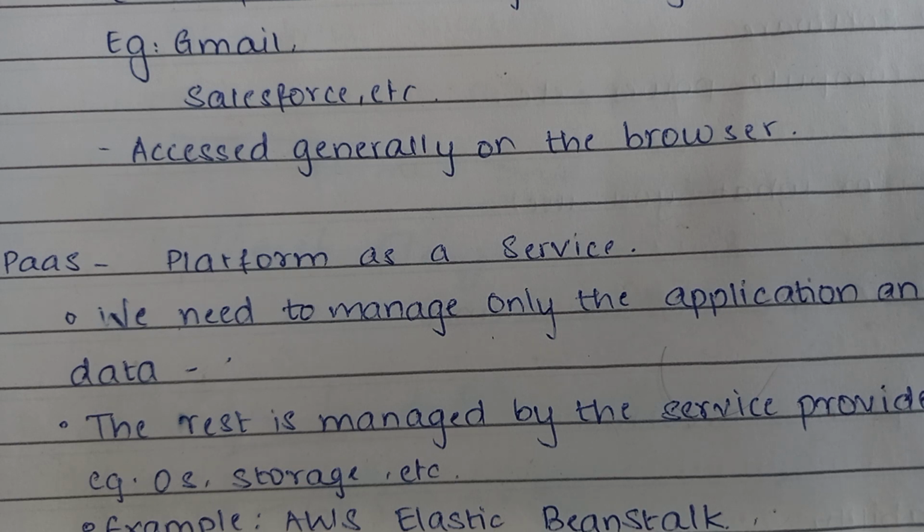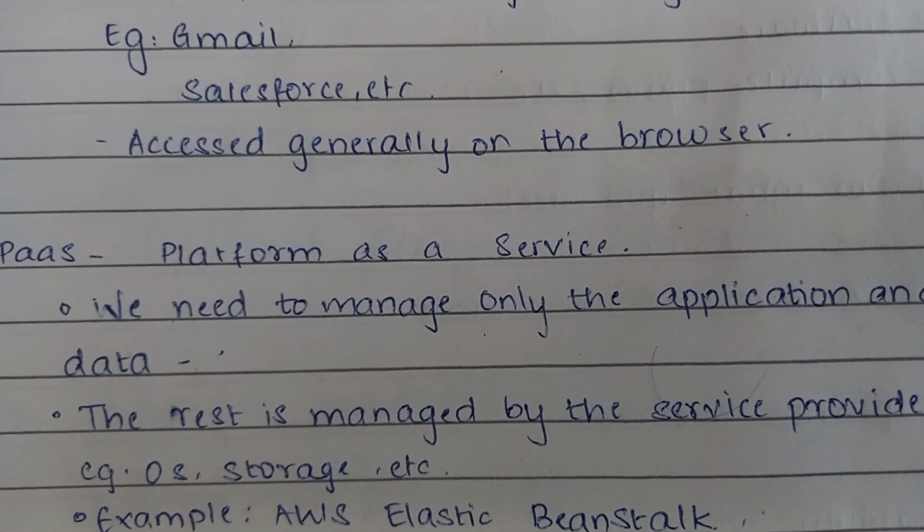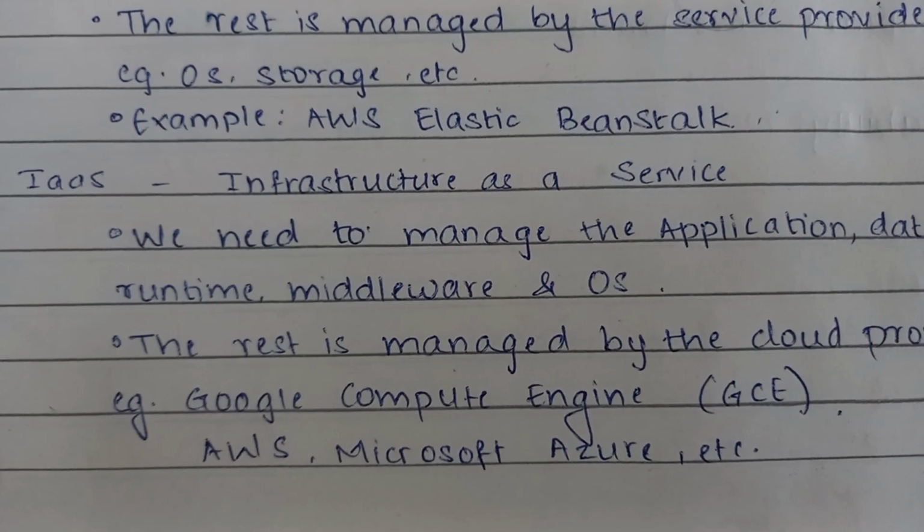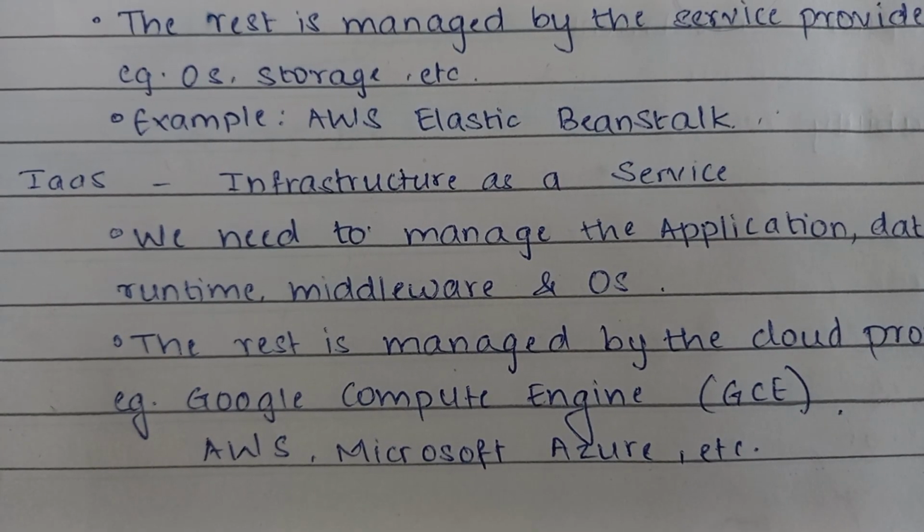It's only the user's or developer's responsibility to manage the application and the data. So this is an example of platform as a service. One common AWS example is AWS Elastic Beanstalk. We will look at AWS Elastic Beanstalk in further lectures, but for now, understanding that you manage only the application and data and the rest is managed by the cloud service provider is sufficient.